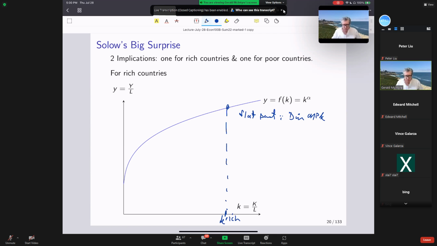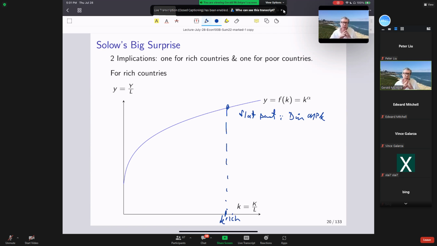Rich countries are way out there at K. How can they increase their output per worker? That's close, Lucas. Lucas is quite close. Let me read Lucas's statement here. Lucas says, rich countries can't grow very much richer without a lot of effort. I would just change that.